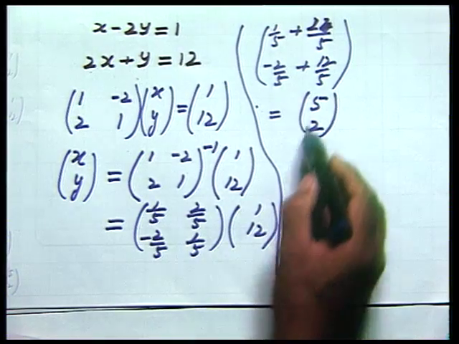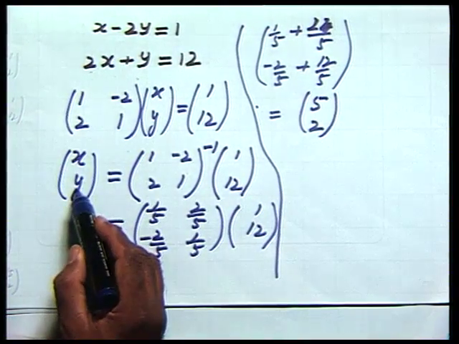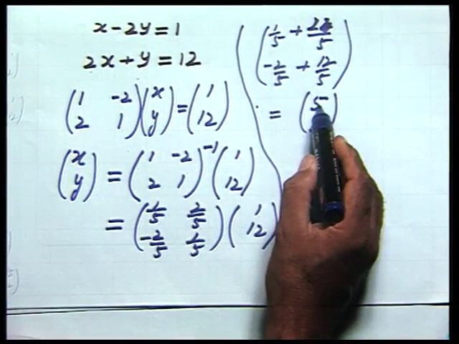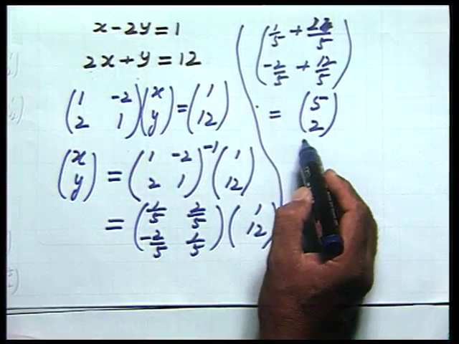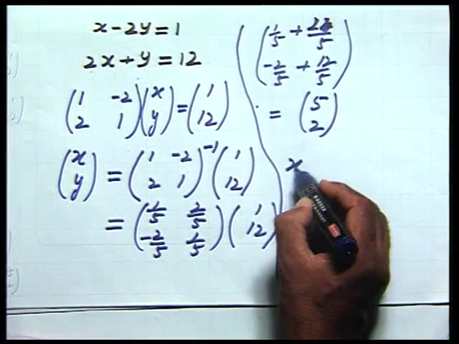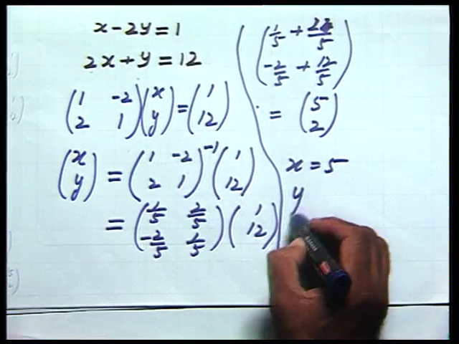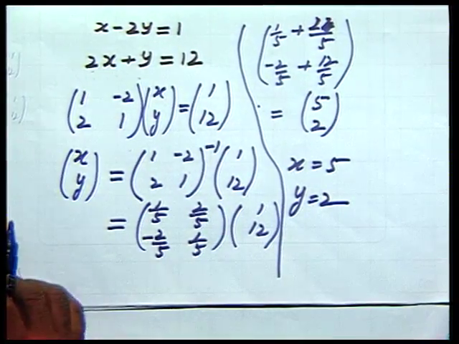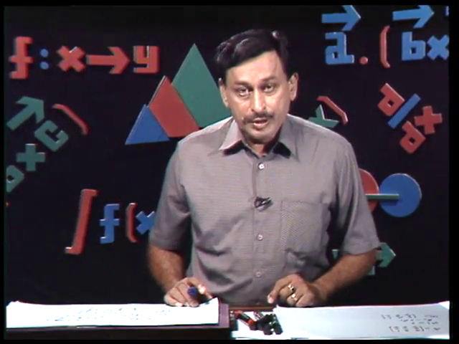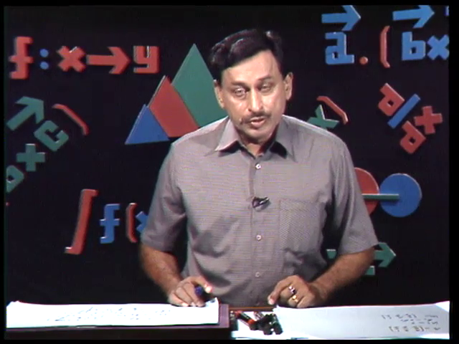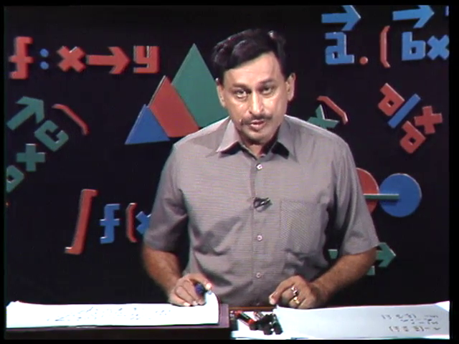So, the value of this is [5; 2], this is equal to [x; y], x is 5, y is 2. This is how very easily we can find out the solution of a system of equations.